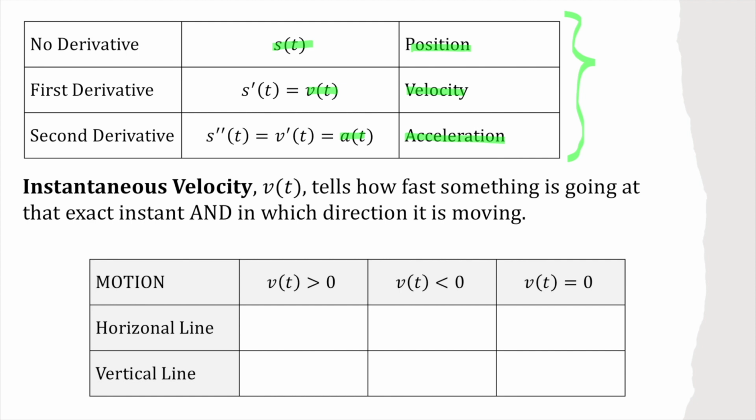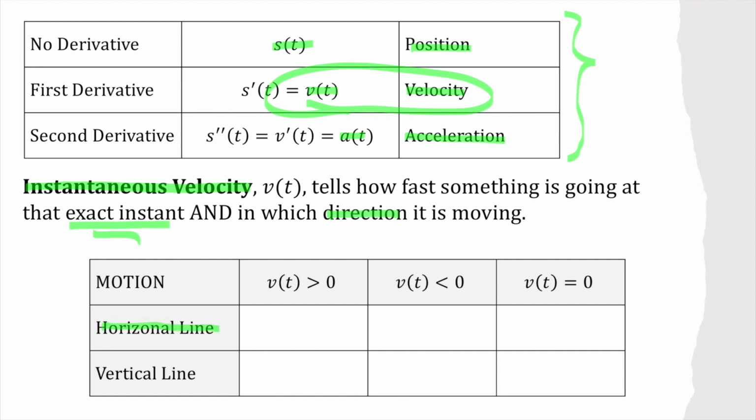We're going to focus a lot on velocity today. Instantaneous velocity, that's a big deal. It tells us how fast something is going at that exact instant and in which direction it's moving.